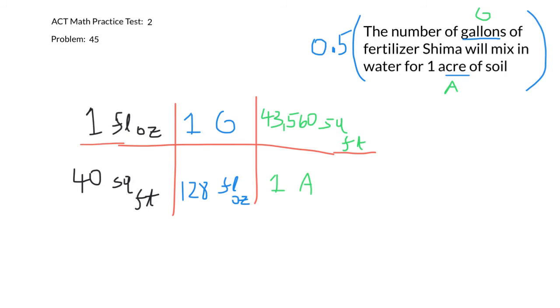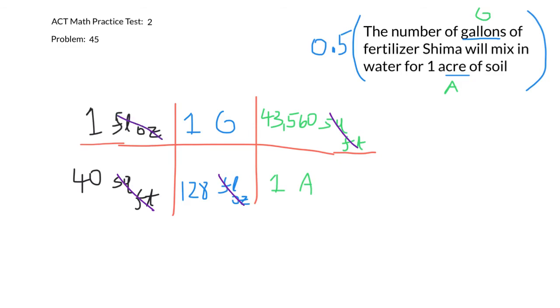So now what we do is the fun part. A lot of people like this part. You just cancel. Let's get a different color here. We're going to do purple. We just cancel the words, not the numbers, but the words that you want to cancel. We also have fluid ounce. We want that to cancel, don't we?